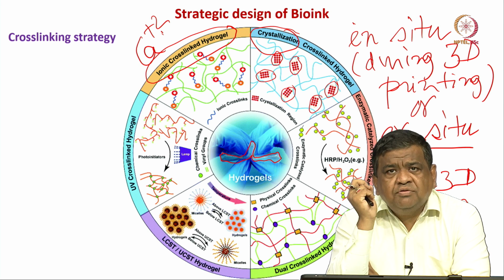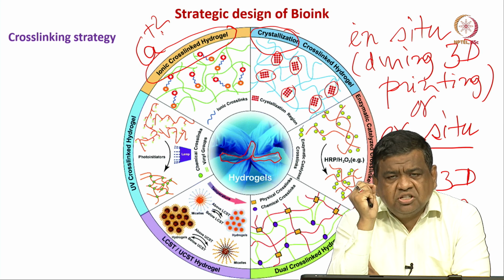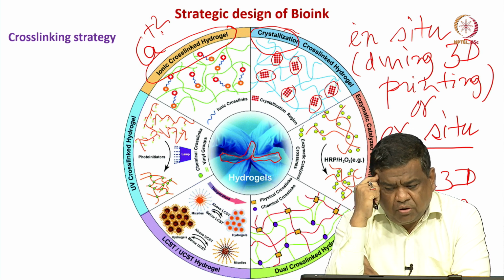So any kind of short range ordering, if it evolves during the chemical formulation or processing, we can call that the polymer has partly crystallized to form a crystalline domain.